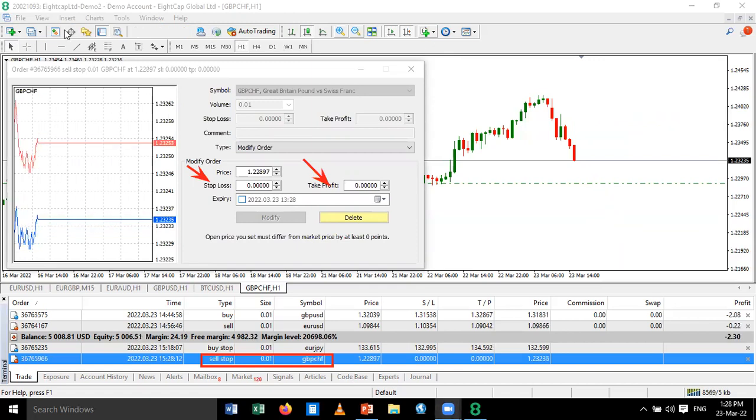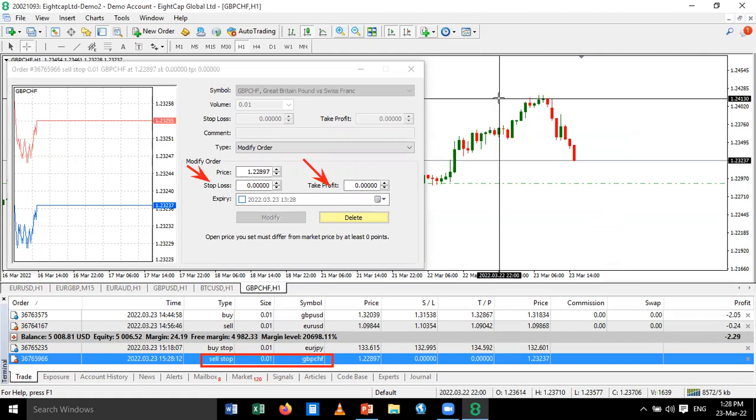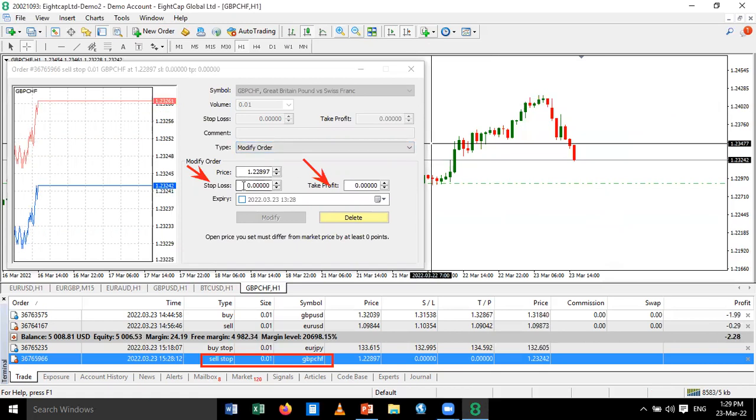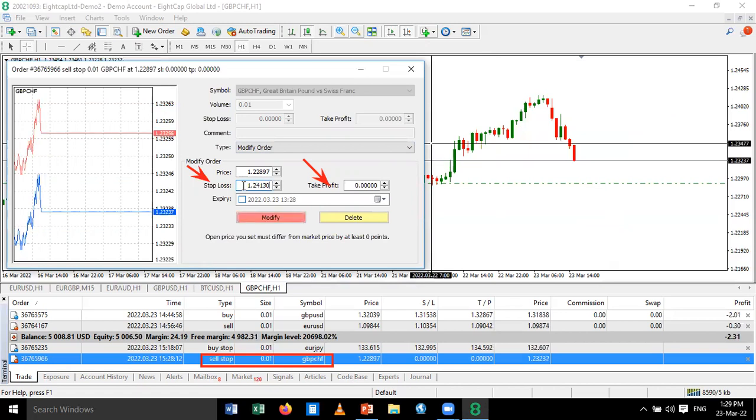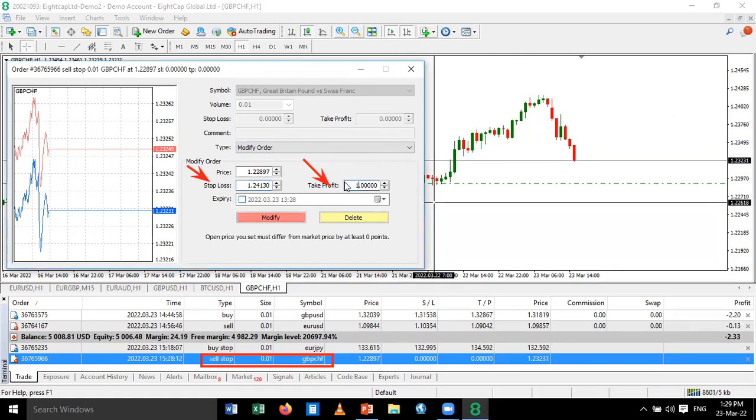That being said, I want my stop loss to be at, let's say, 1.24130. Now take profit, I have 1.22515. And I click on modify.